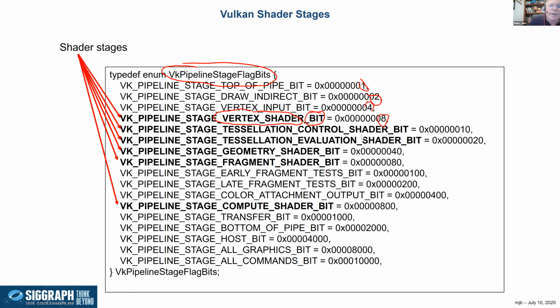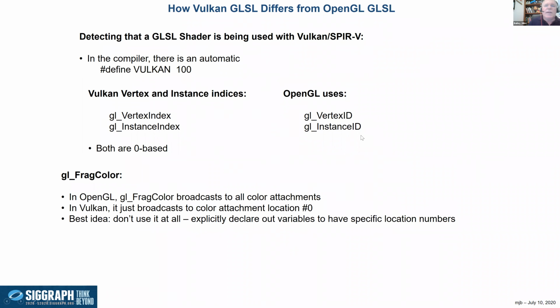So notice the pattern. All right, here are the differences between the GLSL that you know for OpenGL and GLSL for Vulkan. One, in the Vulkan shader compiler, there is automatically a #define injected into the code for you.